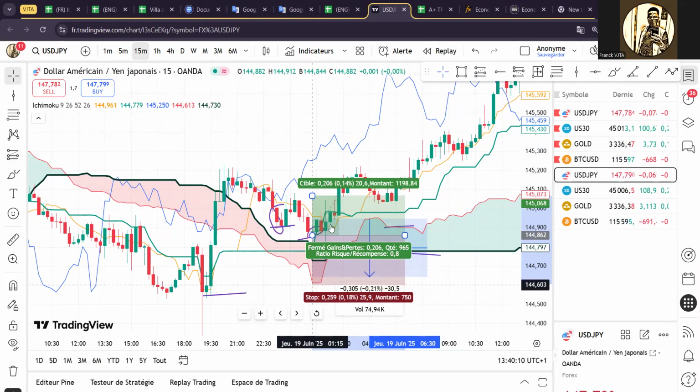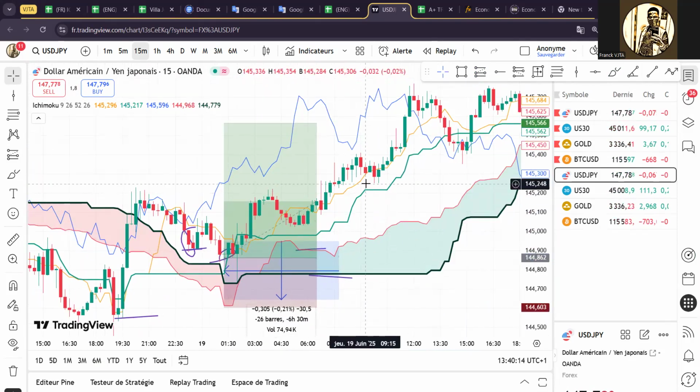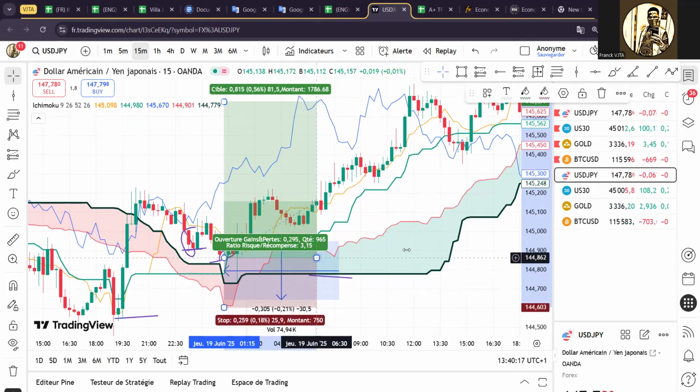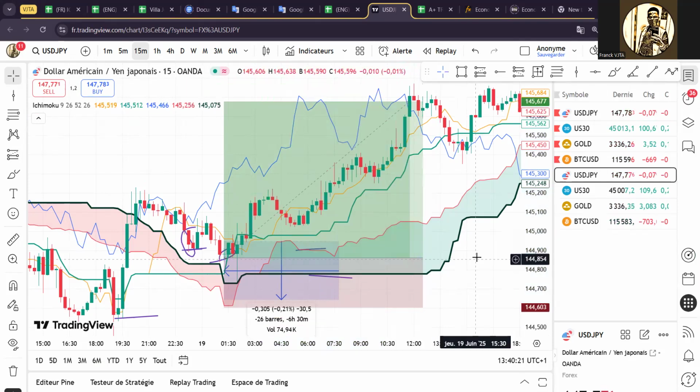You can just place your stop loss just here below because SSA went up, and then you buy with confidence. That's what you can do with very great skills.